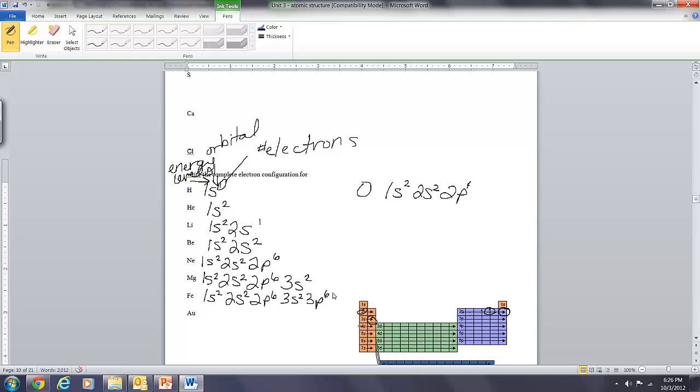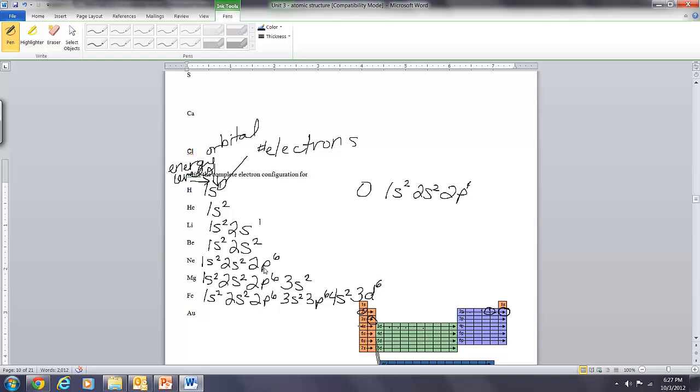We're going to start right here. 4s2. Then we come to a 3d. Remember, 3d, not 4d. And then you have to count how many over is iron. It's 1, 2, 3, 4, 5, 6. 3d6. If you add them all up, it adds up to the 26 electrons.